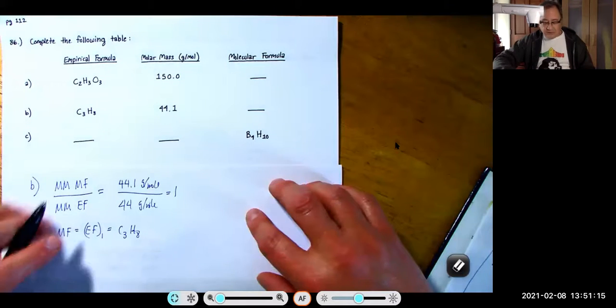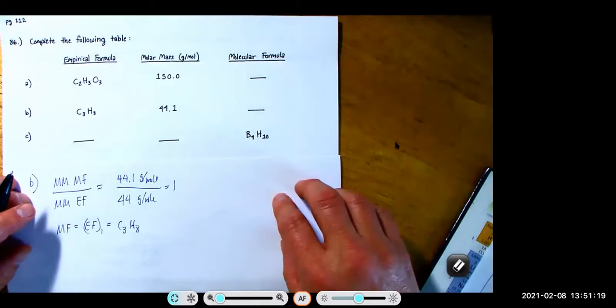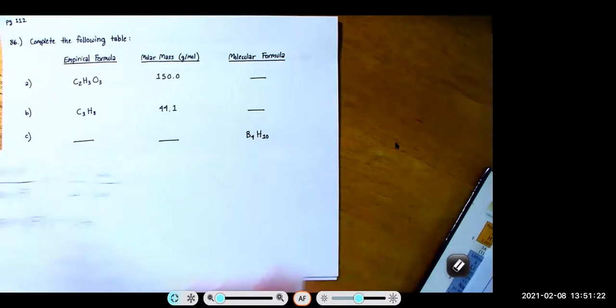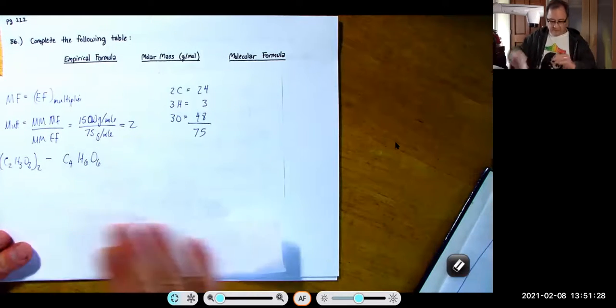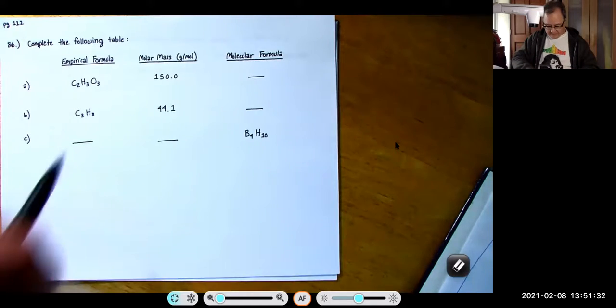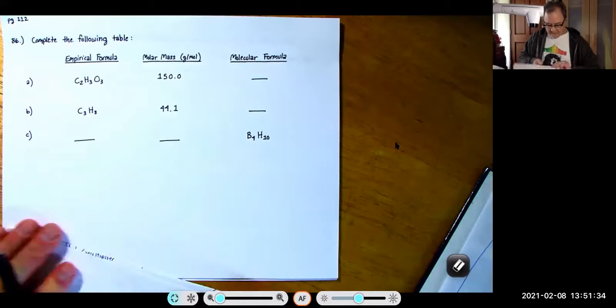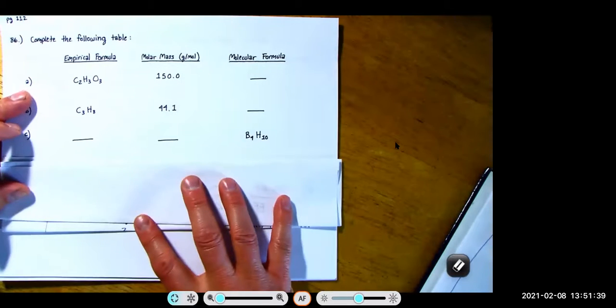What is the empirical formula here? You mean C? Oh, C. So what's the answer for C?